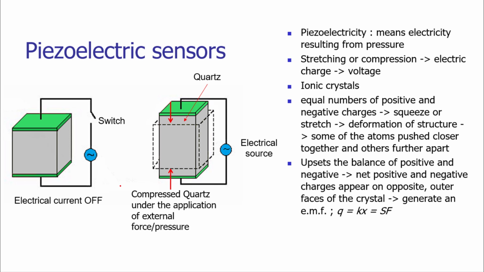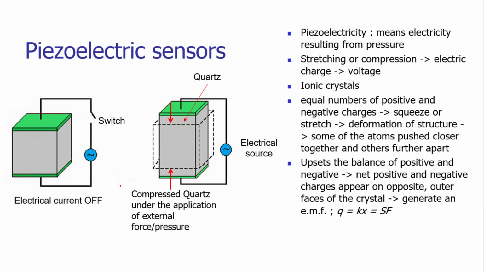So in general, the EMF is directly proportional to the application of the force, and the application of the force is nothing but by what amount you are squeezing or by what amount you are stretching the material.